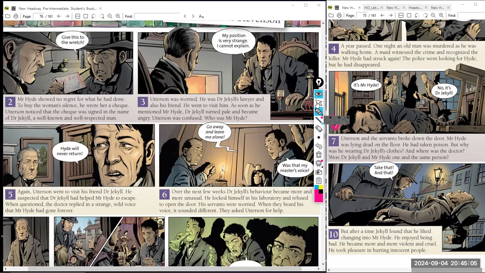Seven. Utterson and the servants broke down the door. Mr. Hyde was lying dead on the floor. "It's Mr. Hyde!" "No, it's Dr. Jekyll!" He had taken poison. But why was he wearing Dr. Jekyll's clothes? And where was the doctor? Were Dr. Jekyll and Mr. Hyde one and the same person?